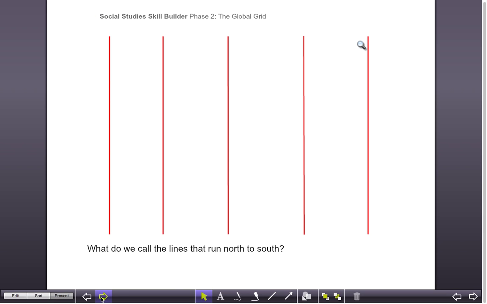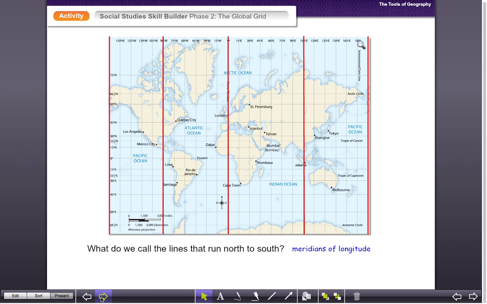What do we call the lines that run north and south? These are meridians of longitude, so we talked about that. These are the ones that run north to south, starting and ending at the North and South Pole. So they run from the North to the South Pole all the way around the globe. Where do we begin and end measuring meridians of longitude?